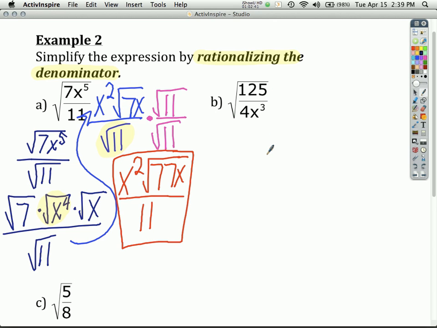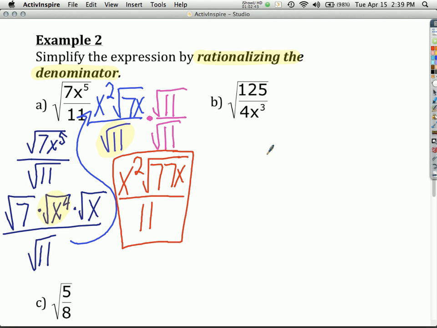Square root of 125 over 4x to the 3rd. Your brain should be getting in tune with where the perfect squares are. So, radical 125 over radical 4x to the 3rd.